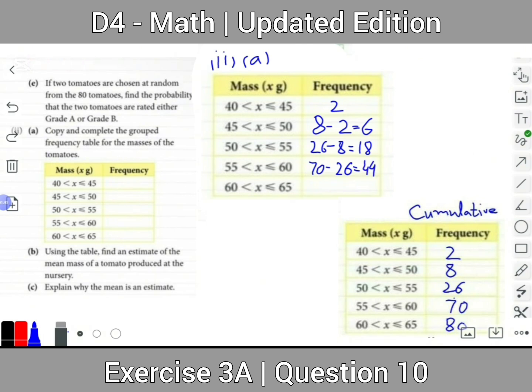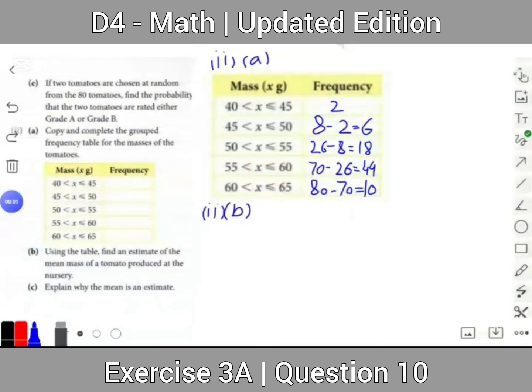Now for the last class interval 60 to 65, subtract the cumulative frequency of the previous interval 55 to 60 from the cumulative frequency of the class interval 60 to 65. So 80 minus 70 will give us the frequency of 10. So this is the complete frequency table.